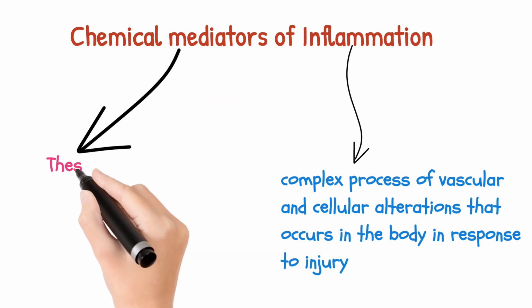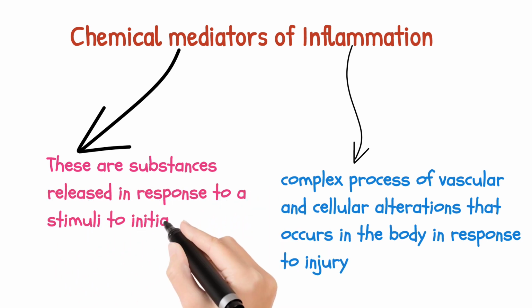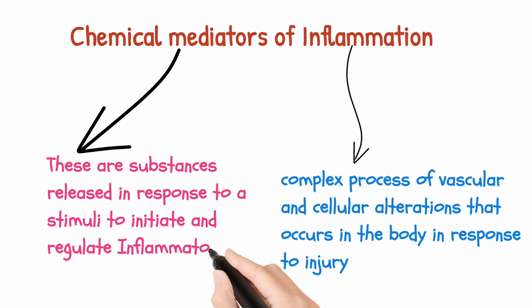So, chemical mediators are substances released in response to stimuli like injury, infection, or stress to initiate and regulate inflammatory reactions. So, the job of chemical mediators is simple: to initiate and regulate inflammatory reactions.